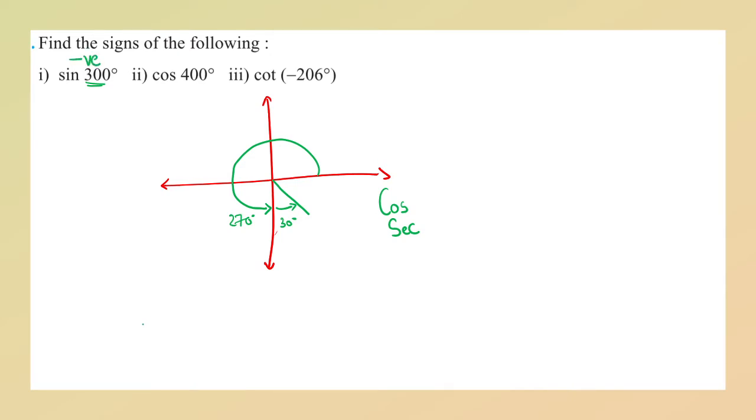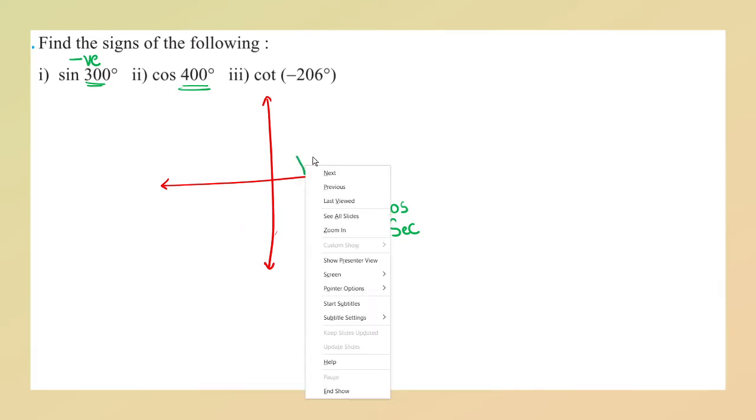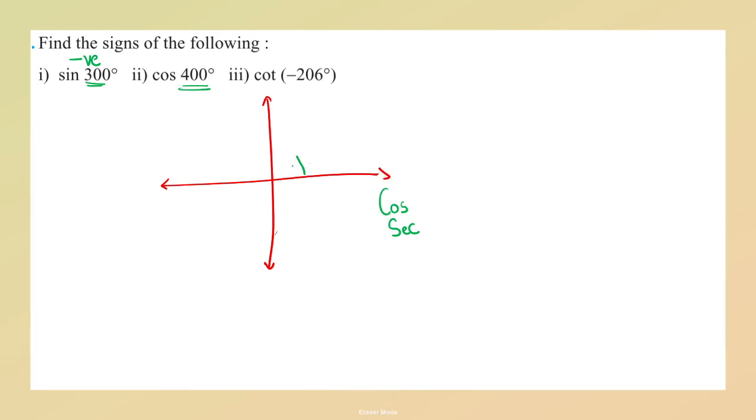Right? The similar concept we apply for the next, that is cos 400 degree. Now to think about 400 degree, I need to think about where this will lie. Since the angle is positive, we consider it in the anti-clockwise direction.